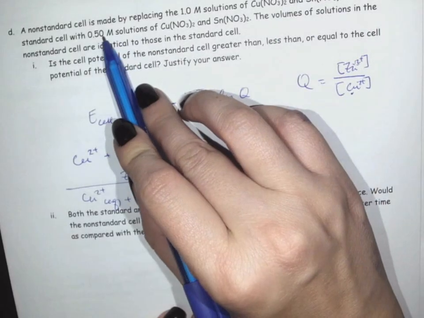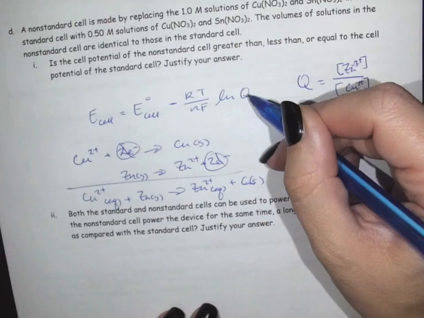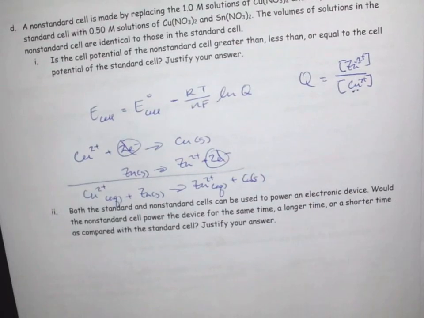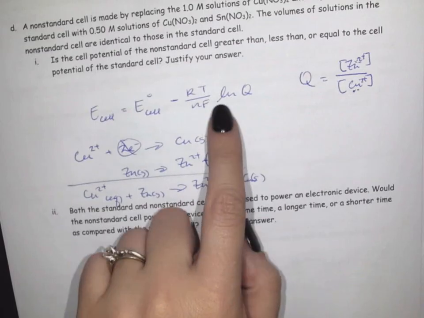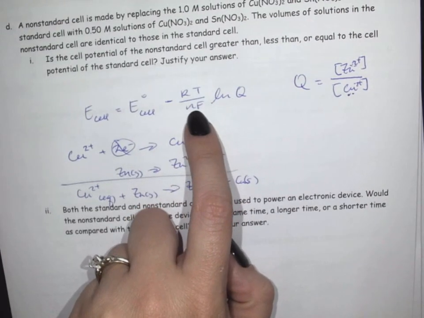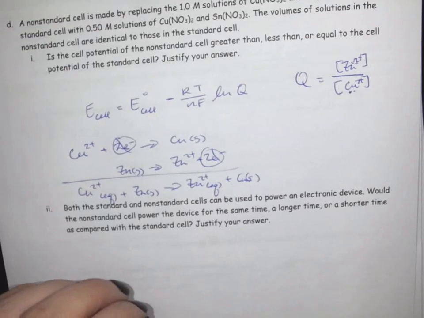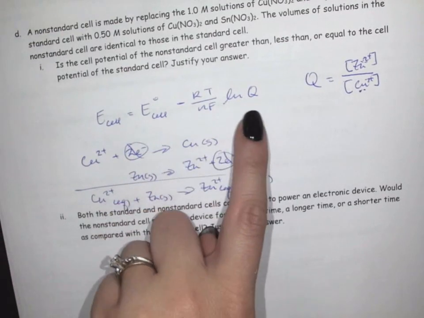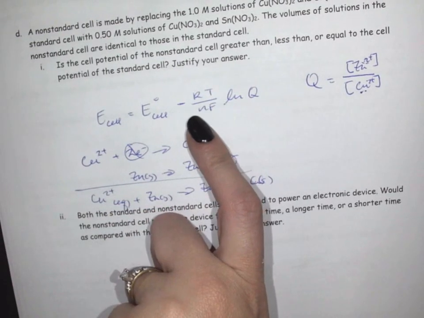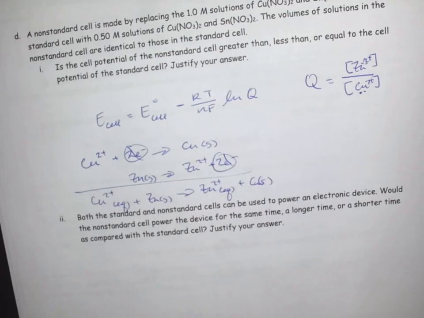And then we changed it to 0.5 and 0.5. So Q stays the same. It didn't go up and it didn't go down. So then that must mean that the voltage is also the same. This whole thing doesn't change, and this is just equal to 1, just like it was before. So there should be no impact happening on this.